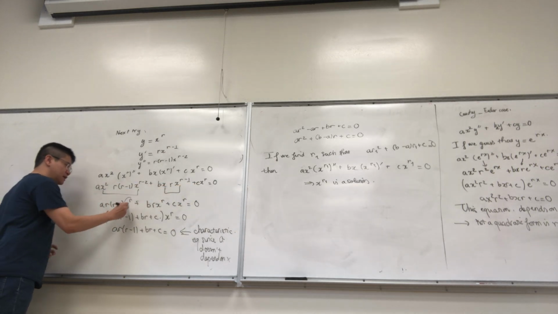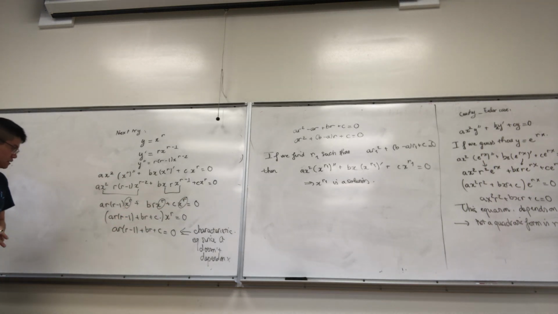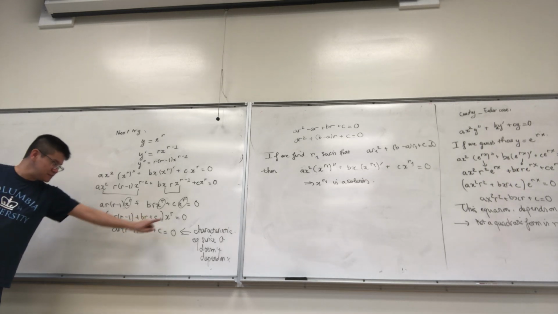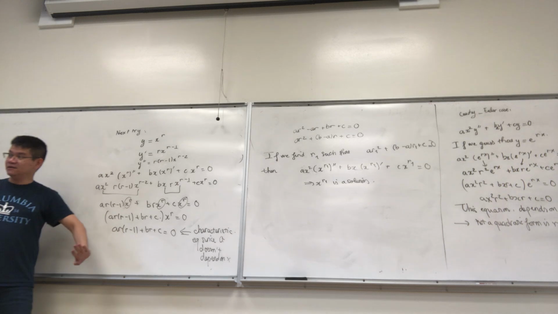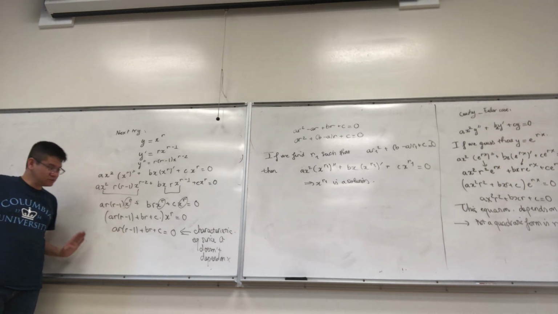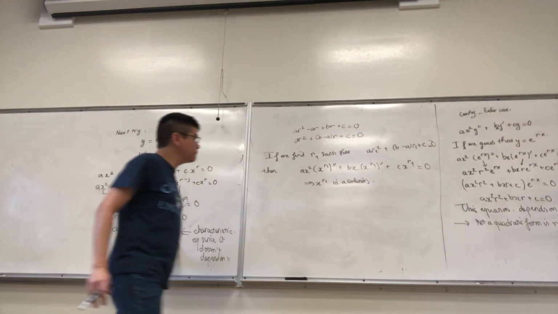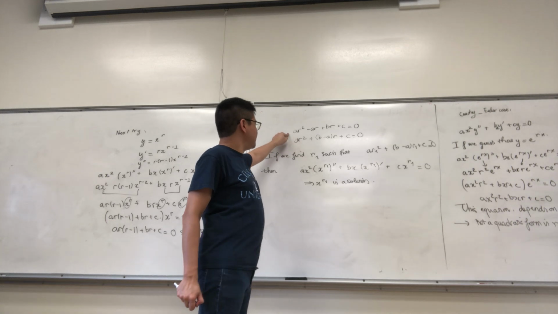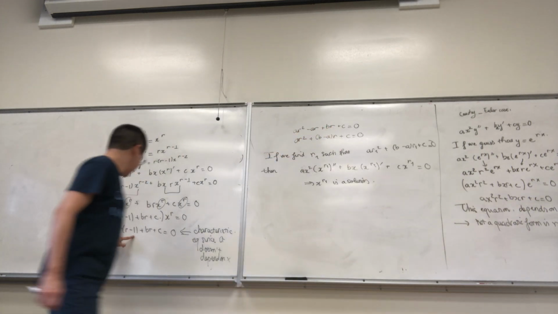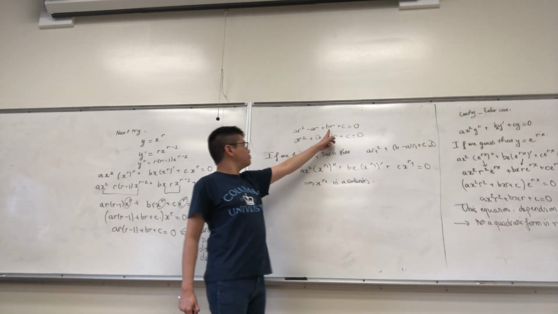Now I can factorize out all of these x to the r. So I have a r times r minus 1 plus br plus c, times x to the r, is 0. I can remove x to the r, and this is an equation of r only and not x, right? So this is independent of x, which is good because you can solve this equation separately. So I can write this as ar squared minus ar plus br plus c, because this is the development of this guy, and I can group this guy and this guy.